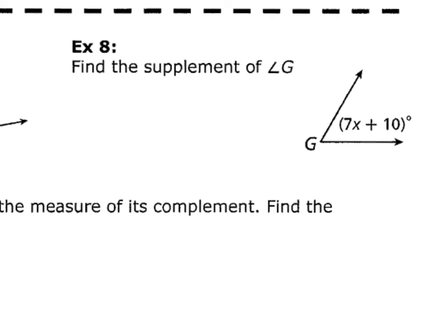Example number 8, it wants us to find the supplement of angle G. This one requires a little bit of work. The formula is going to be 180 minus x. We're going to plug in what x is for angle G, which is 7x plus 10. So we have 180, and we're going to subtract 7x plus 10.